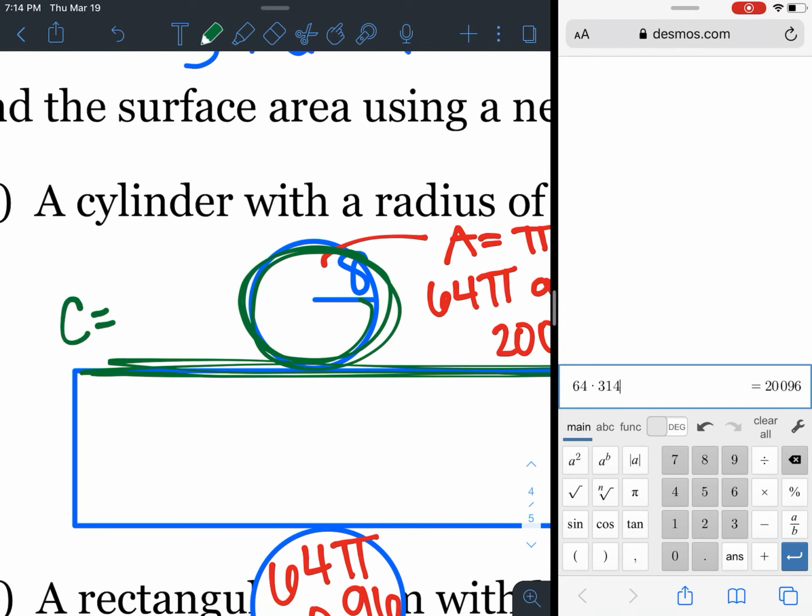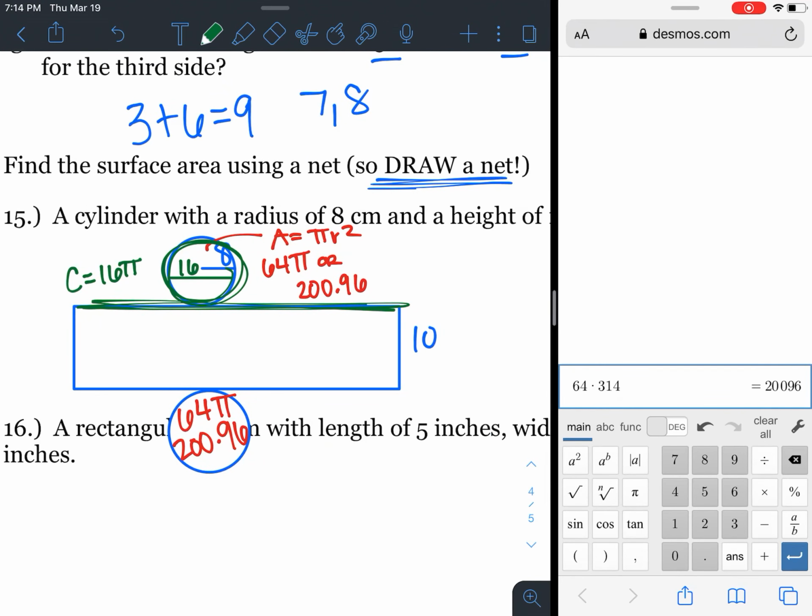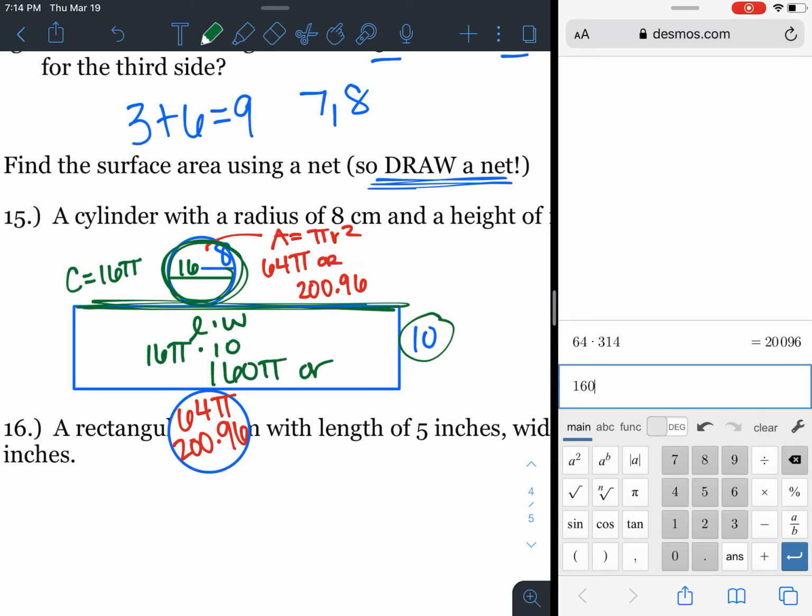So circumference is pi times diameter, so the diameter of this circle would be 16, 2 times 8. So 16 pi. And then it's a rectangle, so length times width, 16 pi, times the width is 10. So 160 pi, or 502.4.